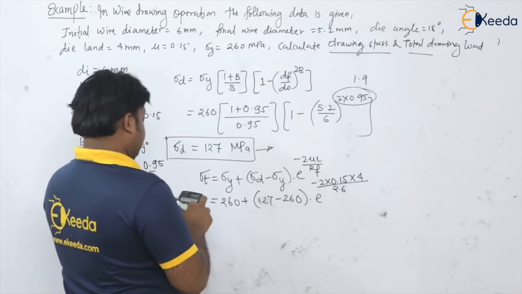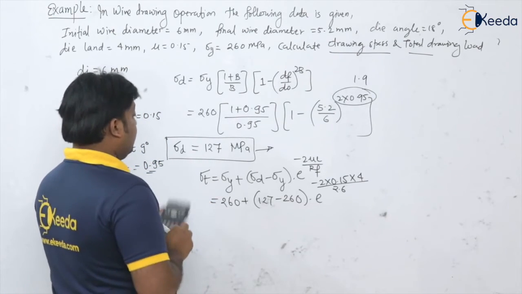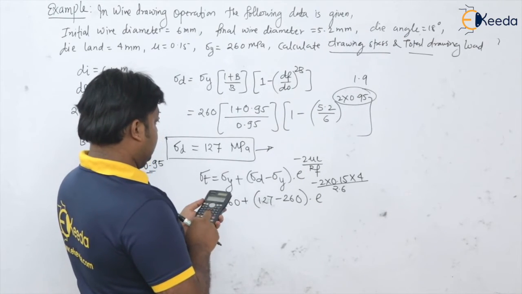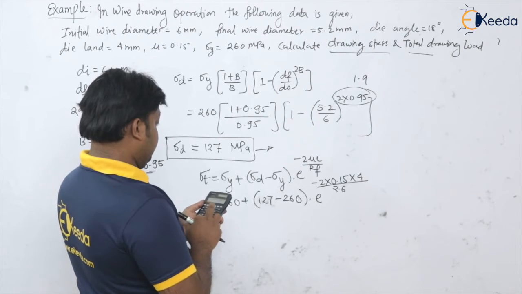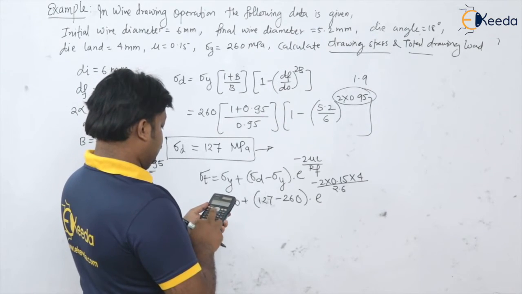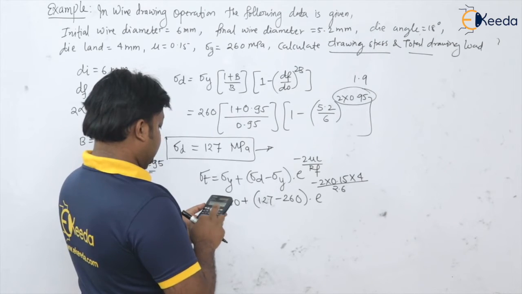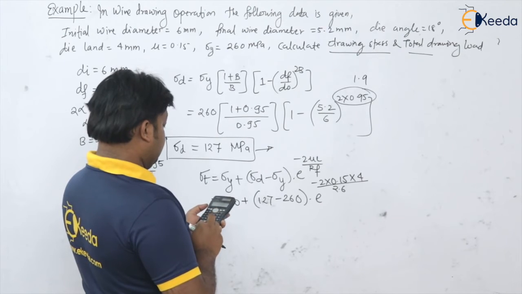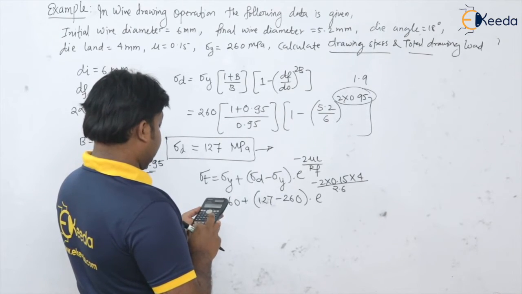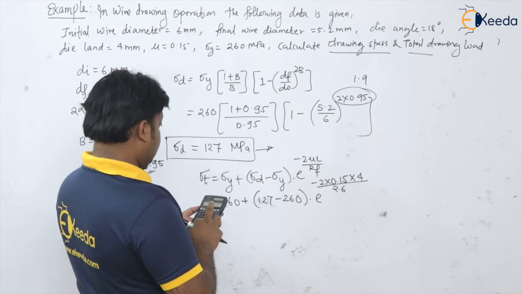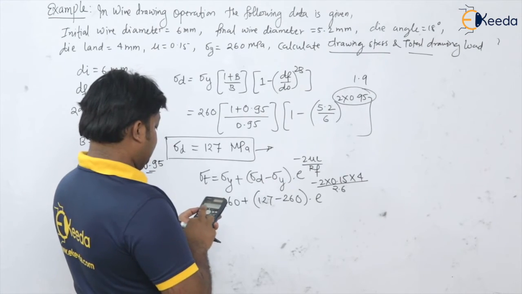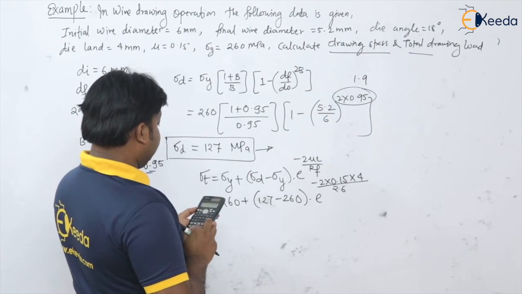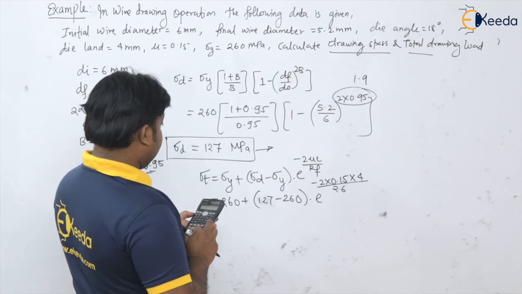Solving, 2 into 0.15 into 4 divided by 2.6 into minus 1, then e to the power of the answer gives 0.63, and 127 minus 260 is minus 133 approximately.